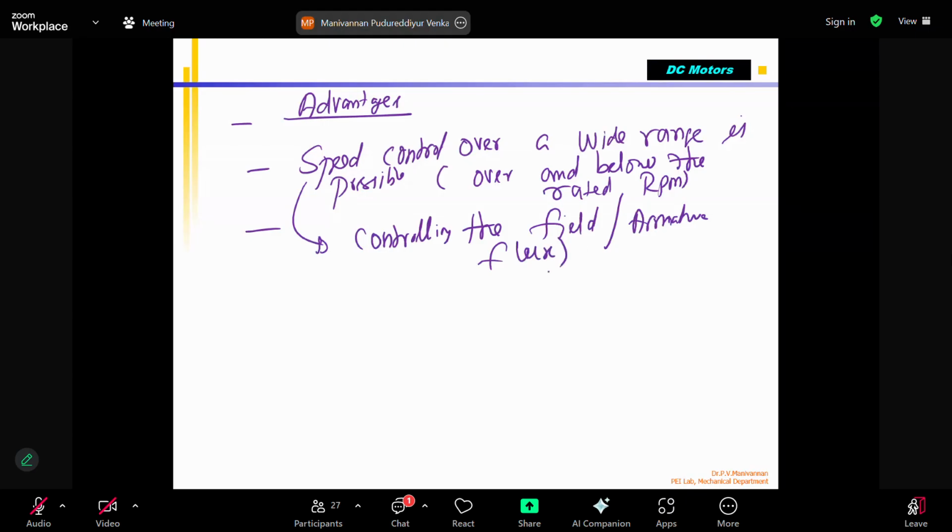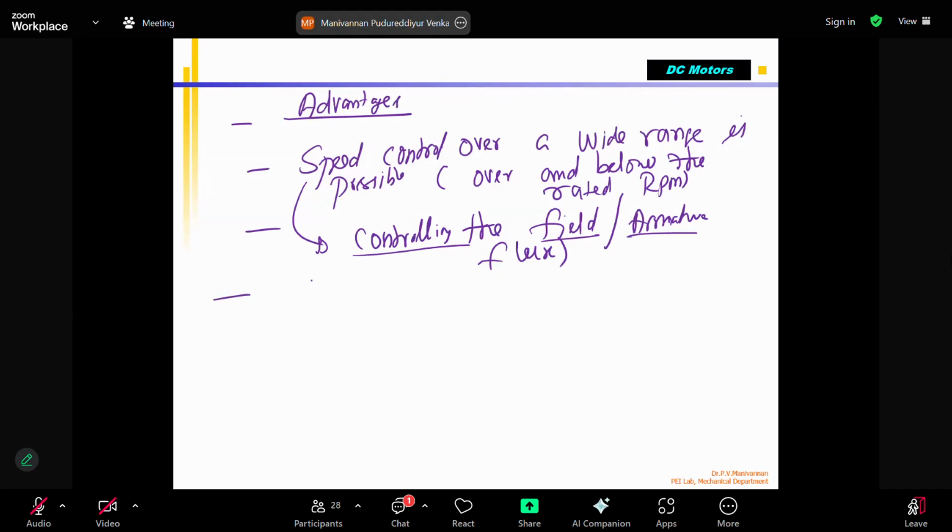Basically, what does controlling flux mean? Nothing but controlling voltage. See, controlling voltage controls current. Flux is produced by current. How much current flows depends upon the voltage applied for a given resistance. So by controlling voltage, you control the armature or the field flux. So the speed can be controlled.